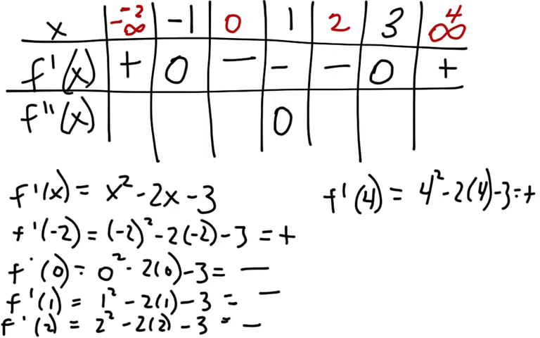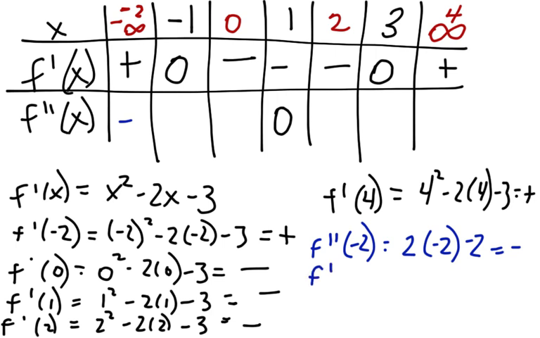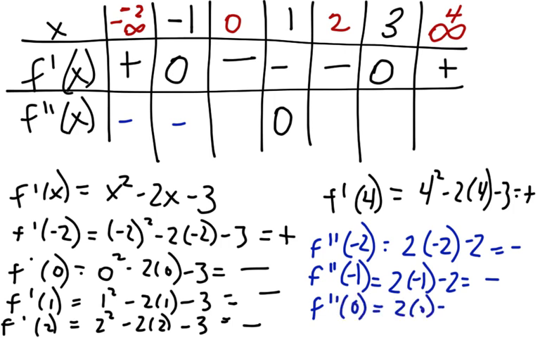Now I'm going to do the same thing with my second derivative. f double prime of -2. It was 2x minus 2, so 2 times -2 minus 2. That's going to give me a negative. f double prime of -1 is also negative. f double prime of 0, negative.